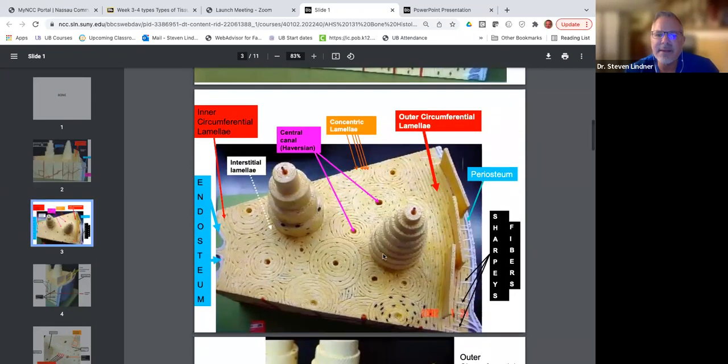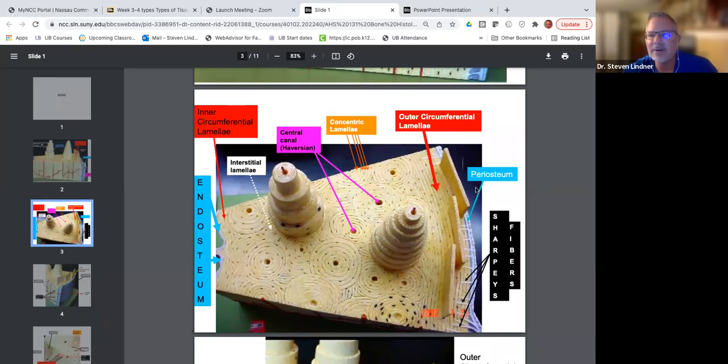Now here's a bird's eye view looking at bone. Again, if we were to ask what type of tissue this is, bone falls under connective tissue. It's bone, but these concentric rings tell us we're looking at compact bone. Compact bone is the only bone that has these osteons.